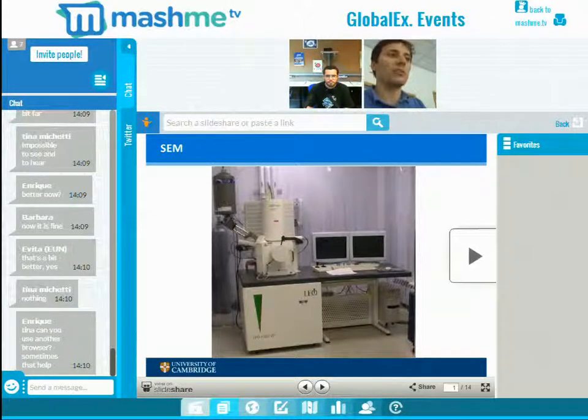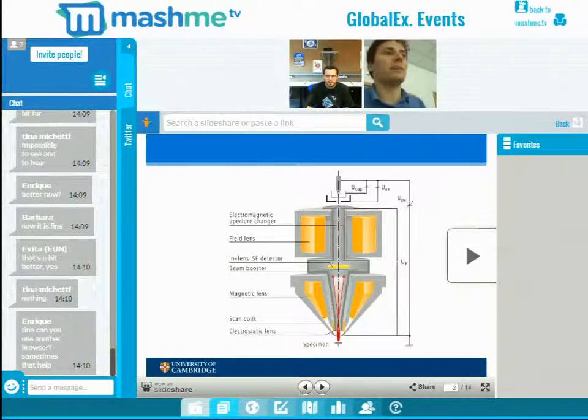So I'll go to the next slide. And this here is an illustration of the gun and the lenses of the SEM. You could see at the beginning of the video Harry showed you, you could see actually these lenses.